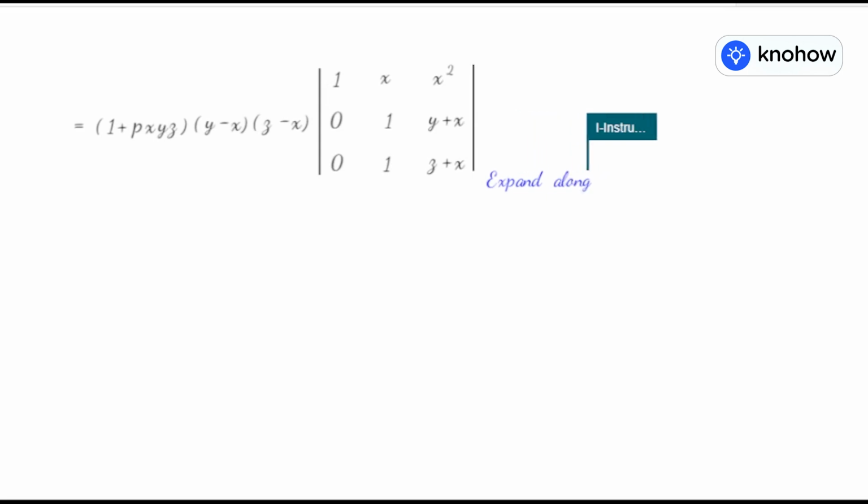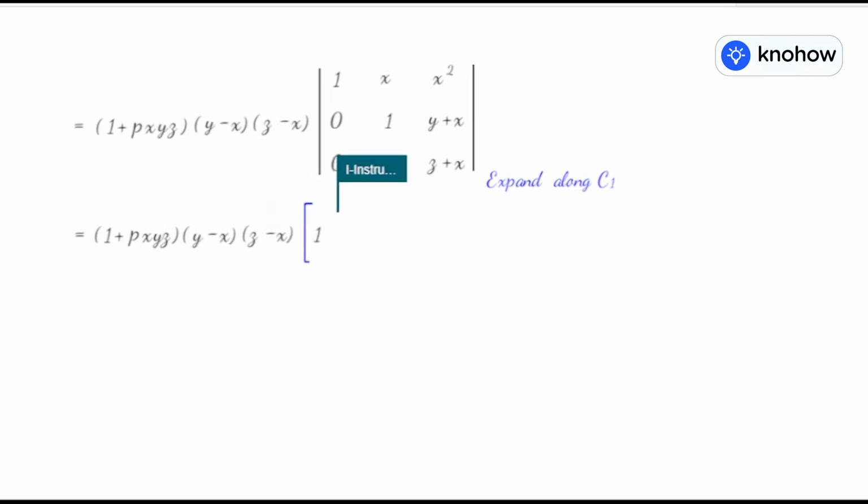Outside are the factors 1 plus pxyz, y minus x, and z minus x. When you expand the determinant, you get 1 times 1 into z plus x, and minus 1 into y plus x. So you get 1 plus pxyz as such.